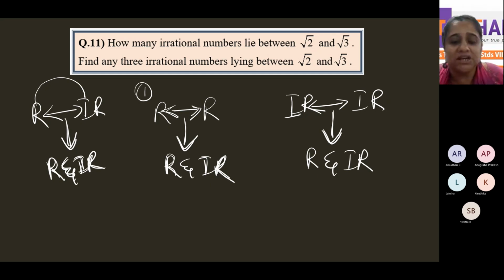So there are infinitely many rational numbers and irrational numbers lying between two rational numbers. Correct? There are infinitely many rational numbers and irrational numbers lying between two irrational numbers. Also, there are infinitely many rational numbers and irrational numbers lying between a rational and irrational number. All the three.